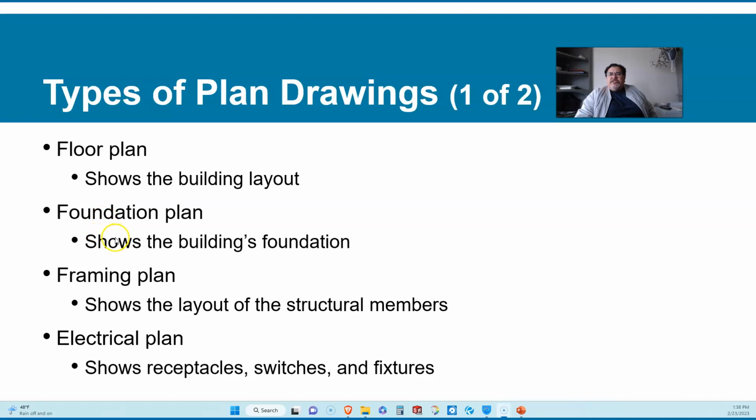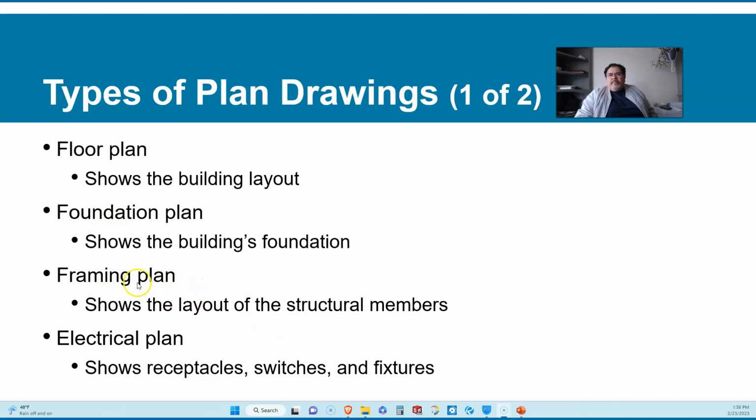Being able to differentiate the two and understand the type of plan you're looking at matters, because different plans represent different sections of the building at different elevations. So a foundation plan could be at a certain elevation, and a floor plan could be at a certain elevation on the first floor.